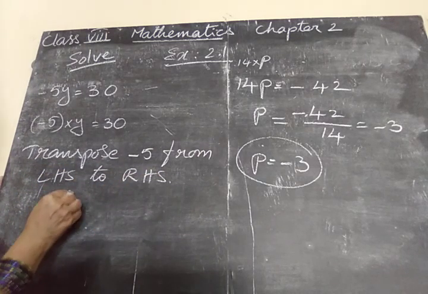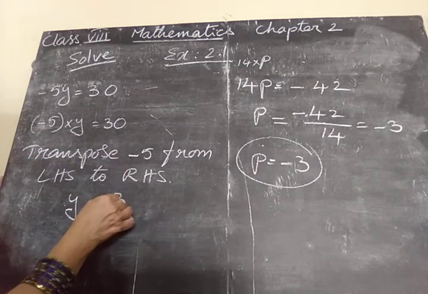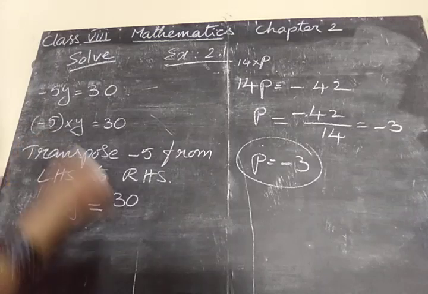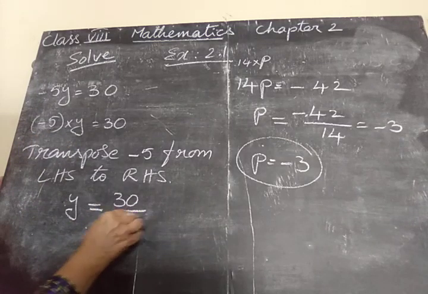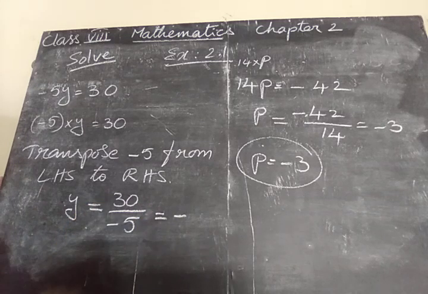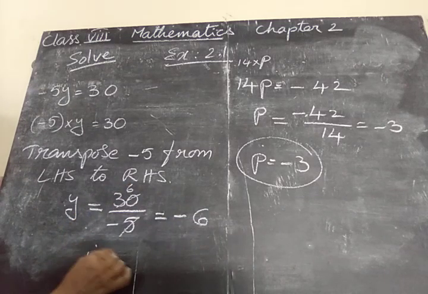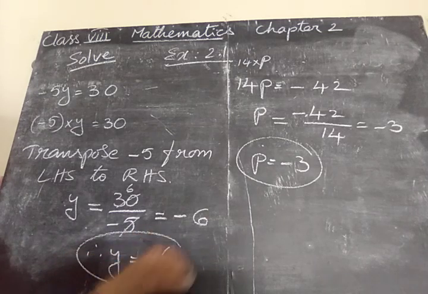Understood? Now y on the left-hand side will remain, is equal to 30 divided by minus 5. Minus should be written in the numerator only, na. Minus 5 sixes are 30, so 6. So therefore y is equal to minus 6. This is the solution of the equation. Understood, children?